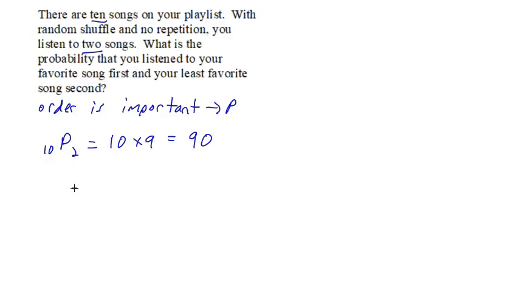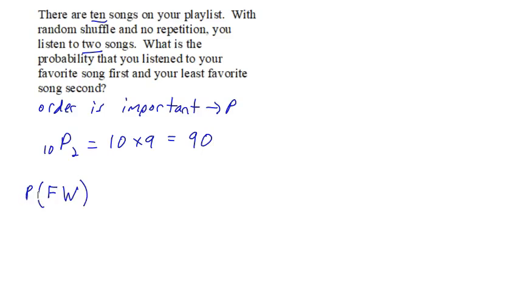This is a probability question. This P stood for the word permutation. This P stands for the word probability. So inside parentheses, I'll just do some shorthand here. So we want to get the favorite song, so I'll do F for our favorite song, and then our least favorite, so let's say the worst song.